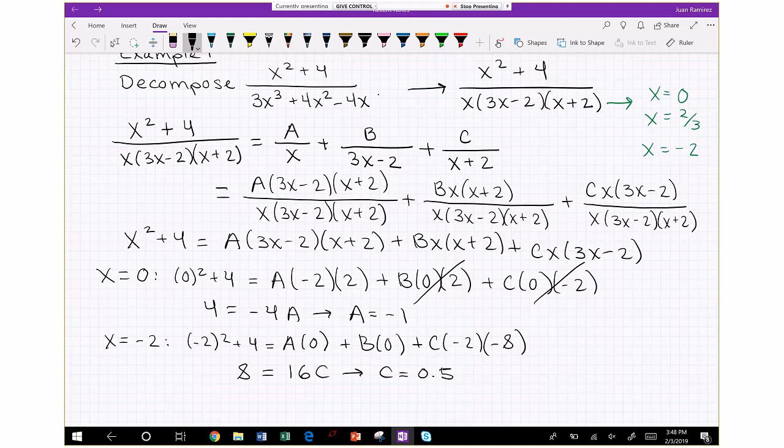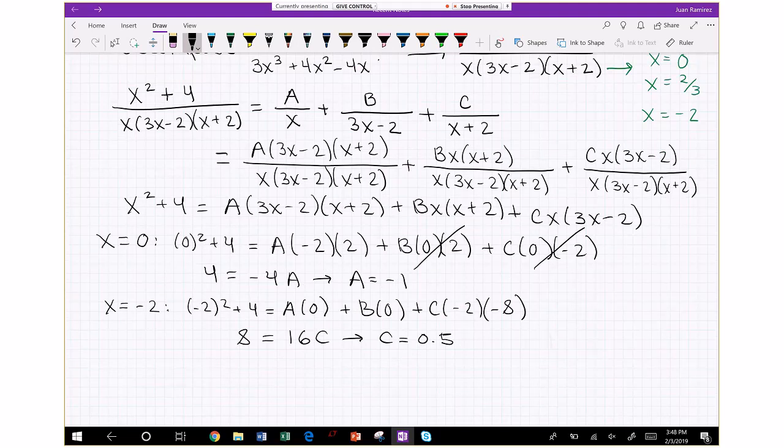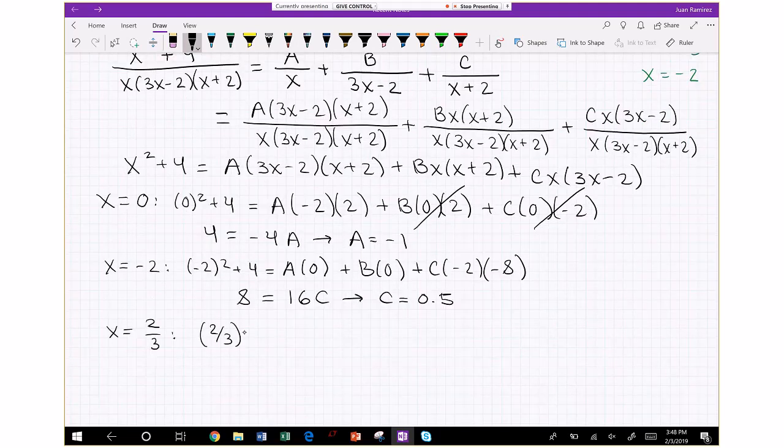Finally, I'll plug in x equal to 2/3. The a term goes to 0. Oh, no, the b term does not go to 0. The b term multiplies by 2/3 and then by 2/3 plus 2.